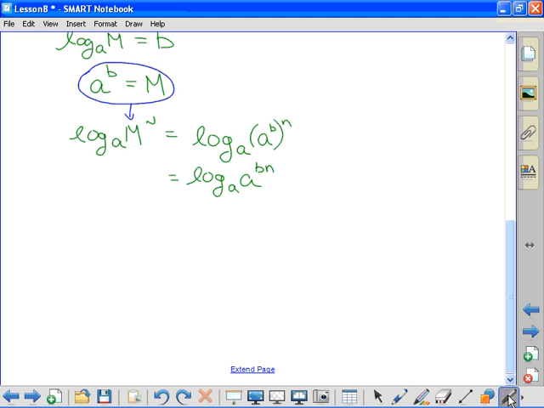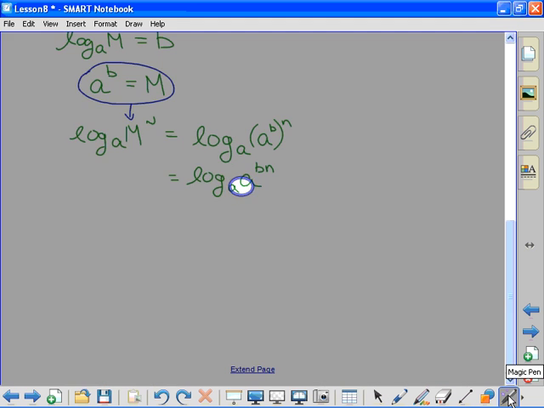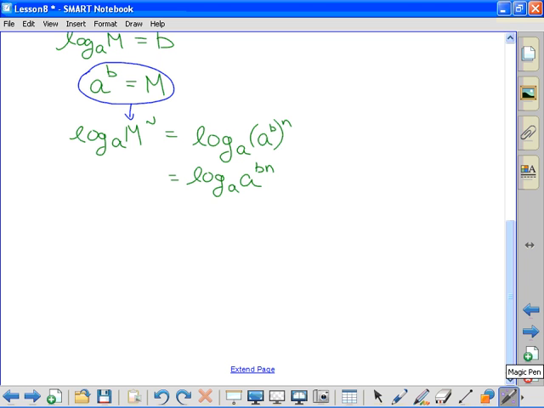We already talked about that if the bases are the same with a logarithm, they're really undoing each other. So it's just going to be our exponent, b times n. What's b equal to? If we look up above, b is equal to log base a of m.